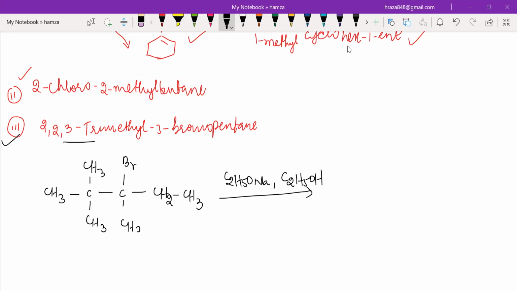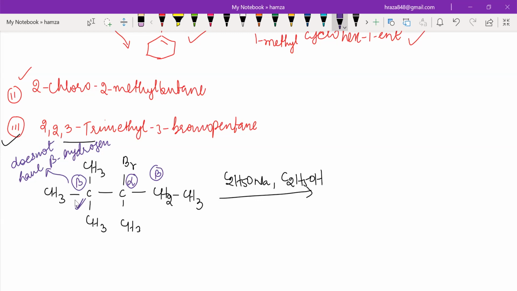Now see what this is. This is alpha carbon, so this is beta carbon, and this is beta carbon, but this does not have beta hydrogen. Are you getting my point, Nafisa? Yes, sir. So it is not possible to react from this side.